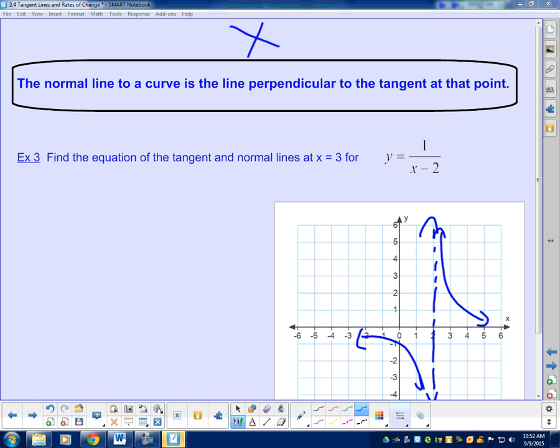What I'm trying to do is find the equation of the tangent line to this curve at x equals 3, that red line, and also the normal line at x equals 3, which would be that one. So we're going to find the equation of this line and this one.